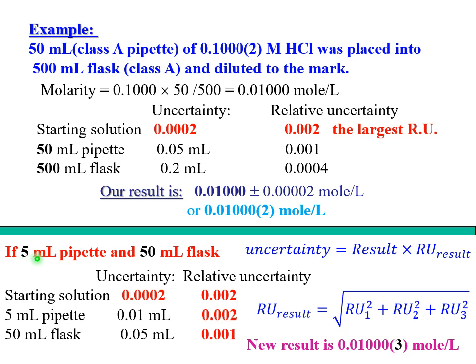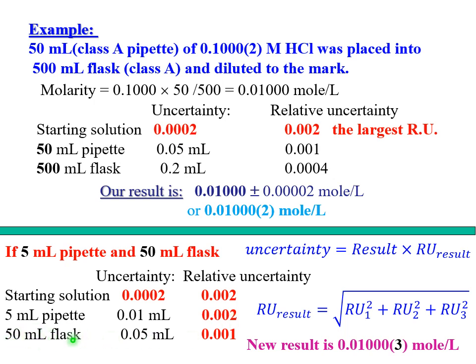What if I would take a 5 ml pipette and a 50 ml flask? Now the situation is slightly more complicated. My starting solution uncertainty is of course exactly the same, but my pipette tolerance now is different because it's a different pipette, and relative uncertainty of the pipette is 0.02.